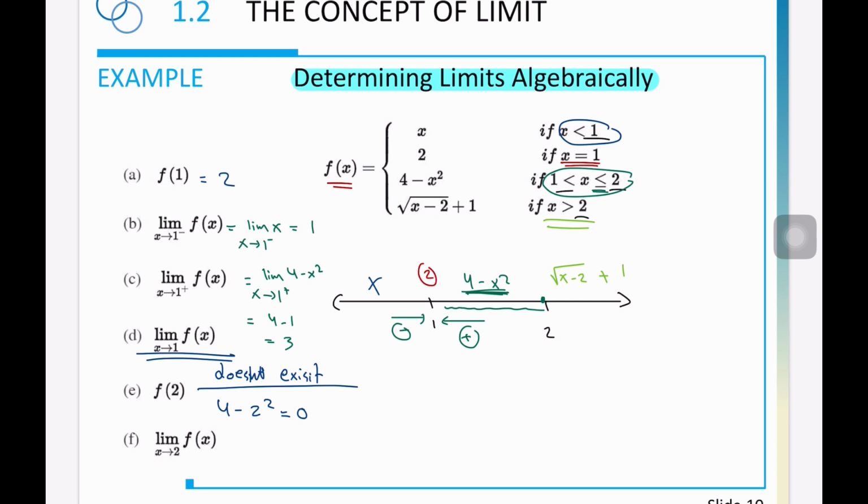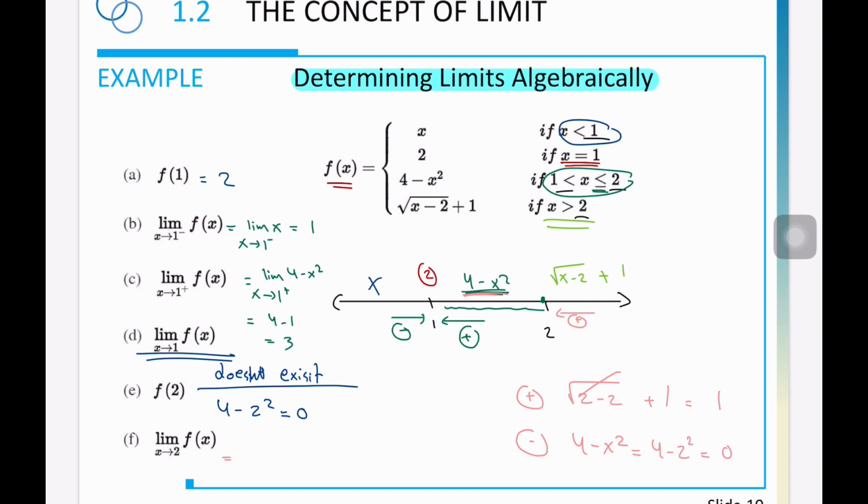We're going to discuss from both sides. The positive side, where the function is defined as the square root of x minus 2, plus 1, we can say that the square root of 2 minus 2 plus 1 is equal to 1. And from the negative side, the function is defined as 4 minus x squared, which is 4 minus 2 squared, which is 0.